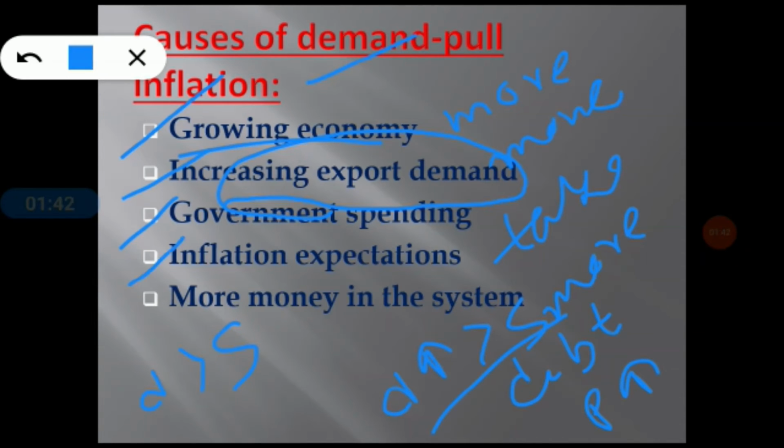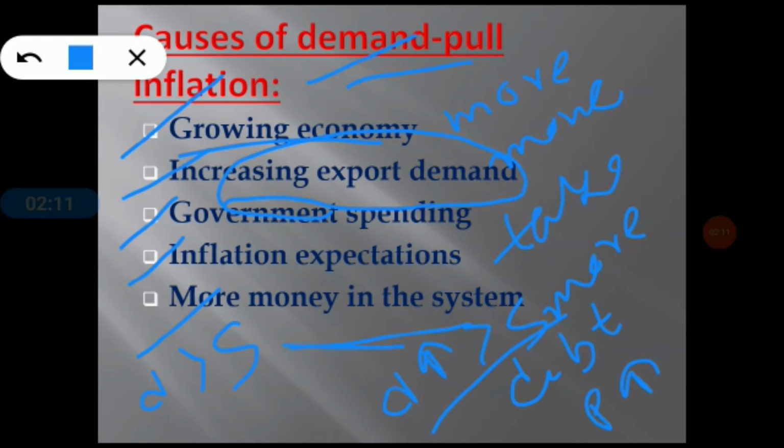Now going to the fourth point, that is inflation expectation. So companies may increase the price level of their product in expectation of inflation in the near future, so that's why the price level increases, which arises due to demand pull inflation. And now going to the last cause of demand pull inflation, that is more money.